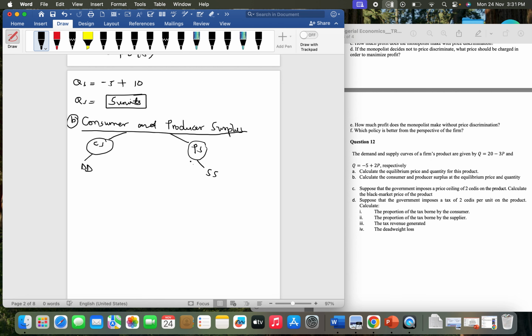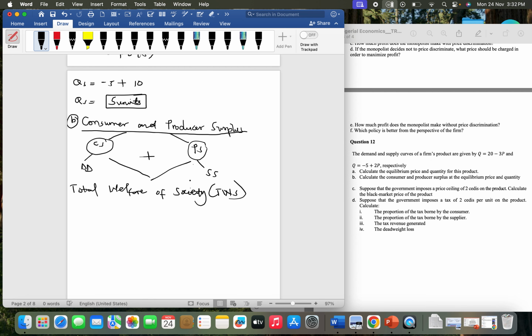Now, when we combine producer surplus and consumer surplus, that is what we call the total welfare of society. Combination of these means we are adding them.